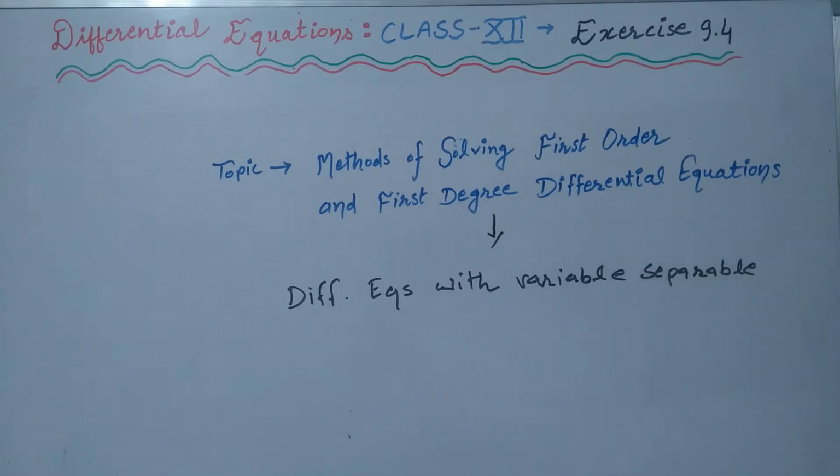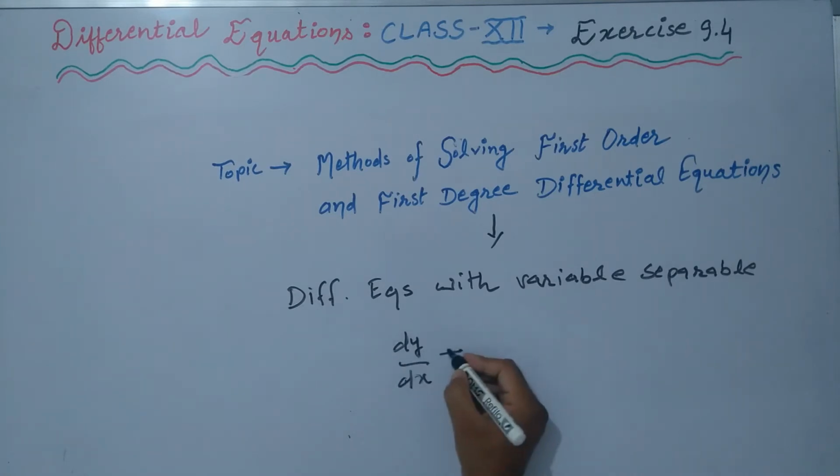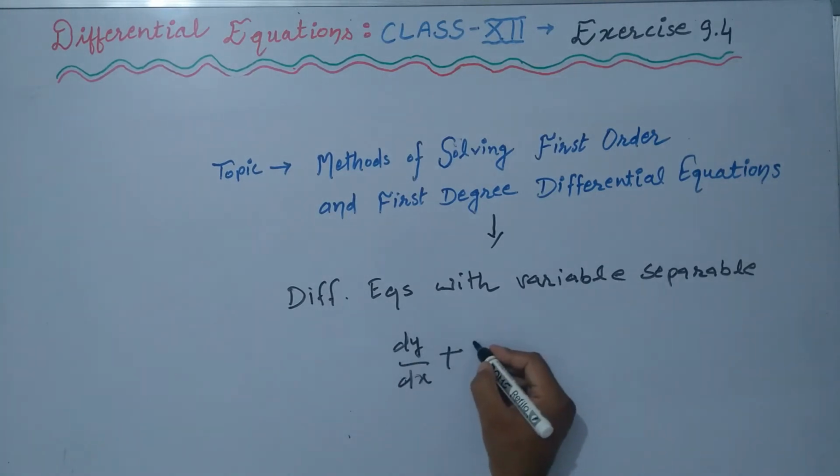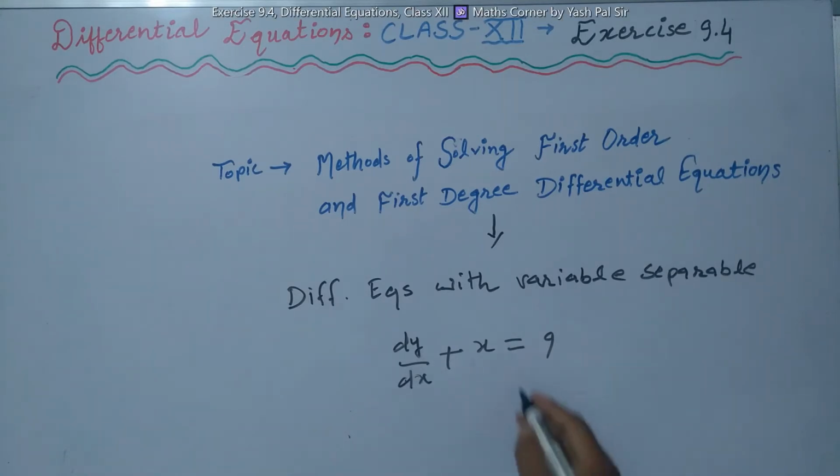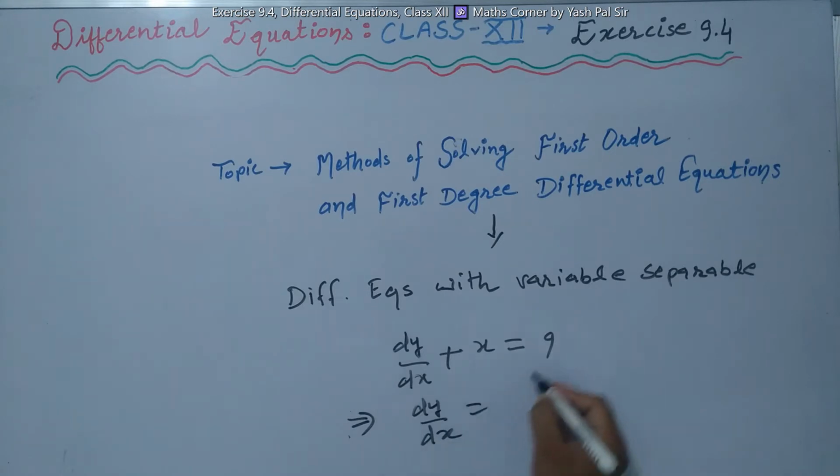Okay, so for example, suppose we have the differential equation dy upon dx plus x is equal to 9. So first of all, we are here going to separate the variables. How can we separate the variables? This can become dy upon dx is equal to 9 minus x.